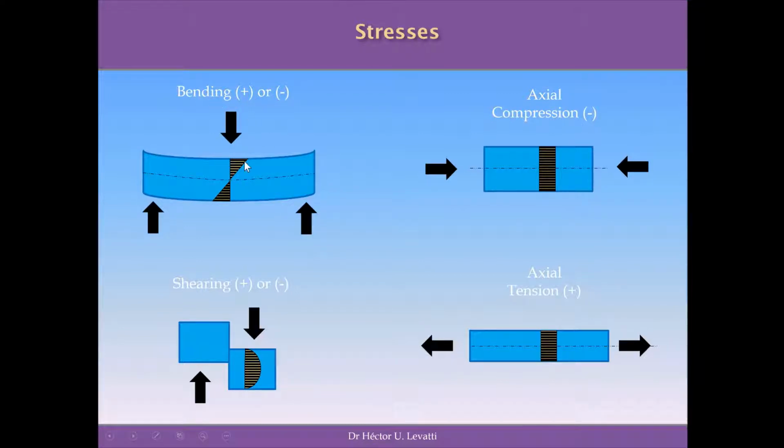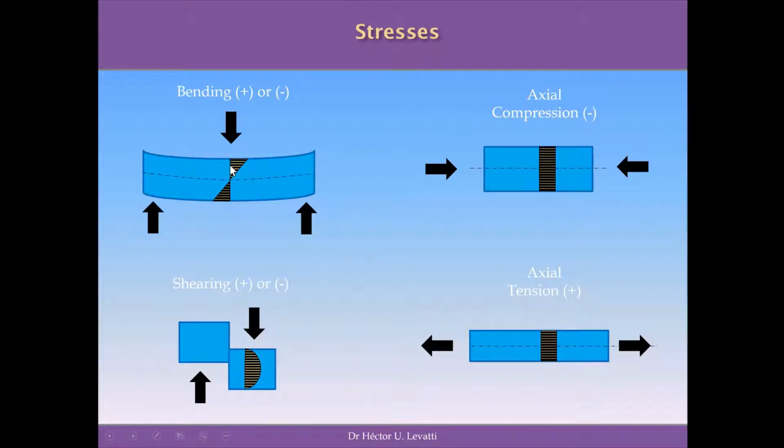For example, the bending stress is a direct stress, and when you bend a simply supported beam, as in this example, you will produce compression on top of the neutral axis and the neutral plane, you can see here, and you will produce tension under this axis. And the distribution of these stresses will be linear, as you know from previous lessons.